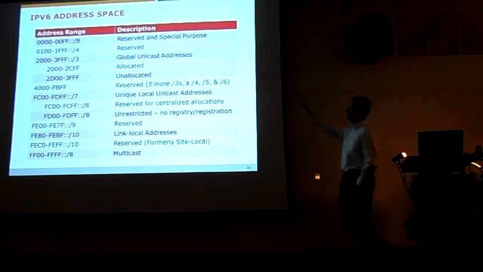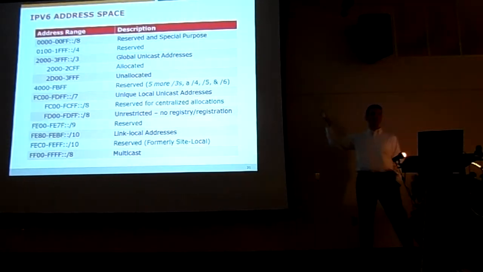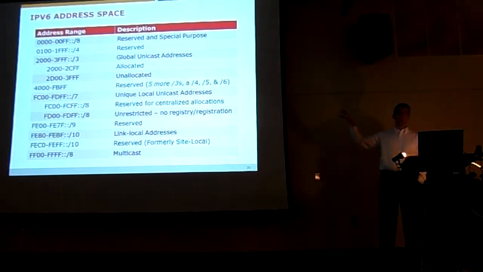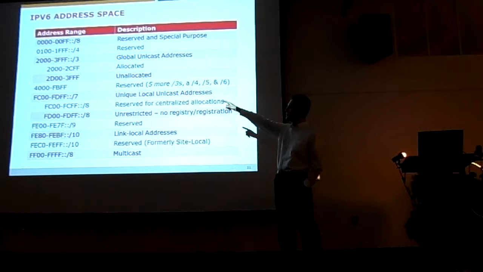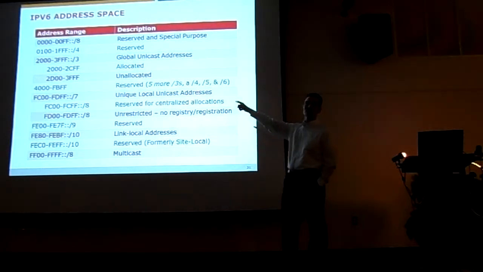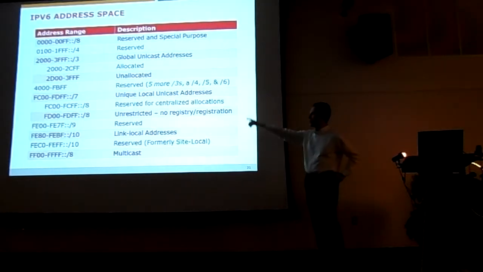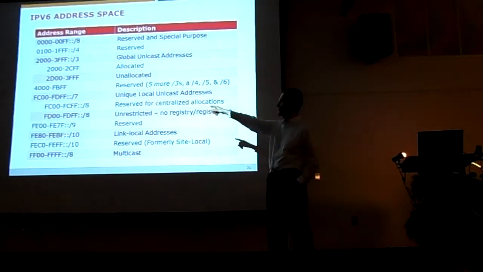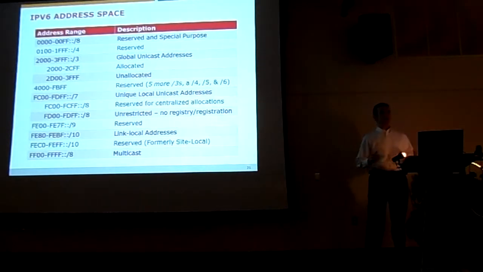I don't want to spend more time on this, but I think it's a good reference. This is the whole IPv6 address space, and at a high level, this is how it's carved up. Notice that 2000 to 3FFF is what's currently allocated globally for use on the internet. All this huge range, 4000 to FBFF, is not allocated right now because it's not needed.